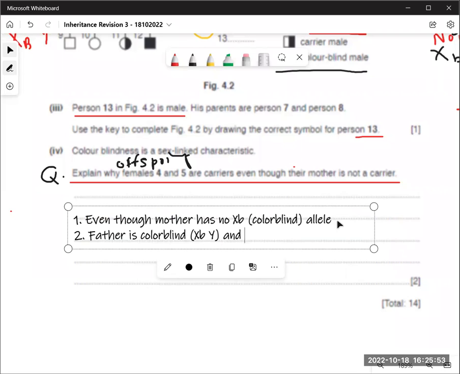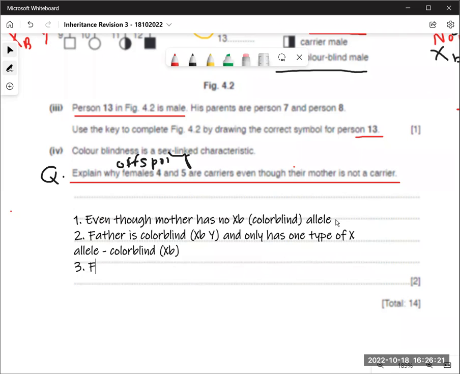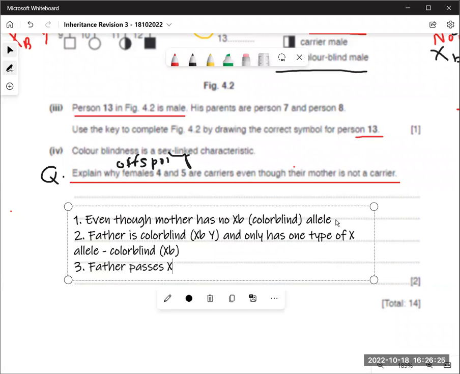And only has one type of X chromosome, X allele, which is colorblind. Third point is, father passes 1 Xb to both offspring.